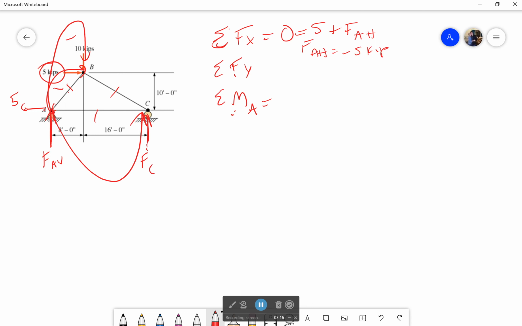So now let me put these in my moment. Remember, I don't care about what direction the forces are pointing or what direction distance it is away. None of those matter. All I care about is the clockwise or counterclockwise when it comes to negatives and positives. So what I have here is 5, and that's a horizontal force, times 10. That's negative. And I've got 10, that's a vertical force, times a distance of 8.